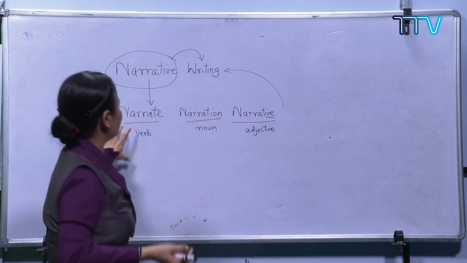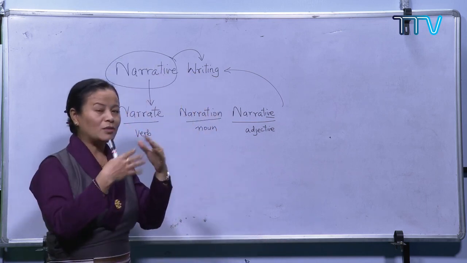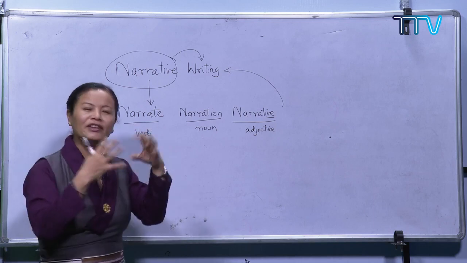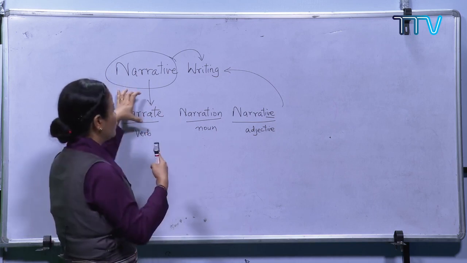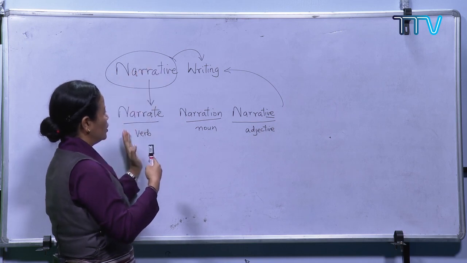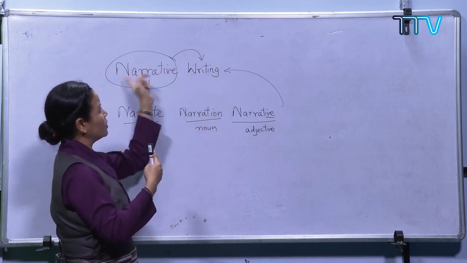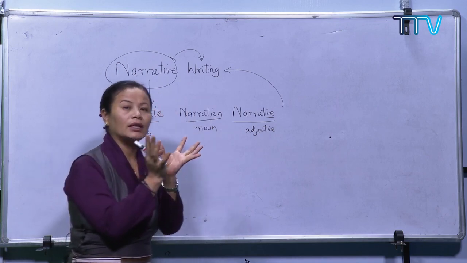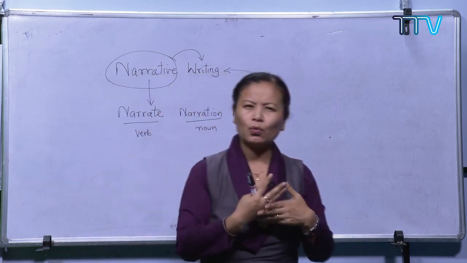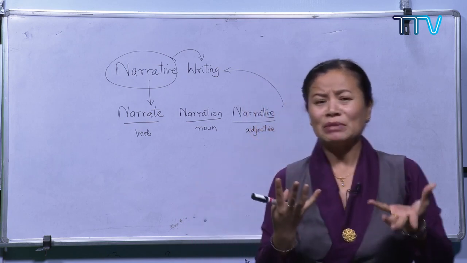I'm just trying to tell you this because everything is connected in a way, whatever you have learned. So, narrative writing: verb, noun, adjective. From the word itself, you can puzzle out what narrative writing might mean.